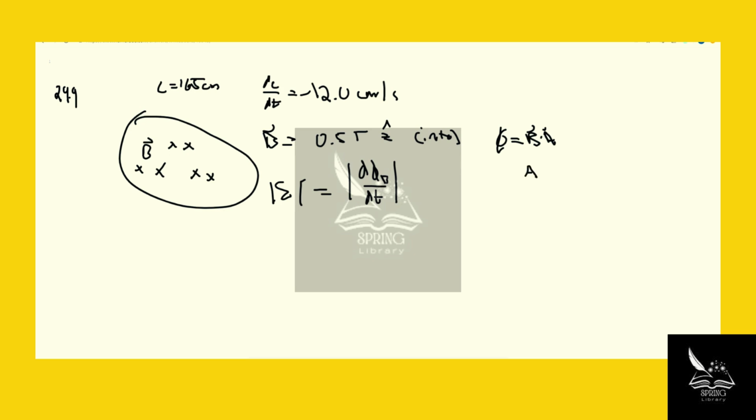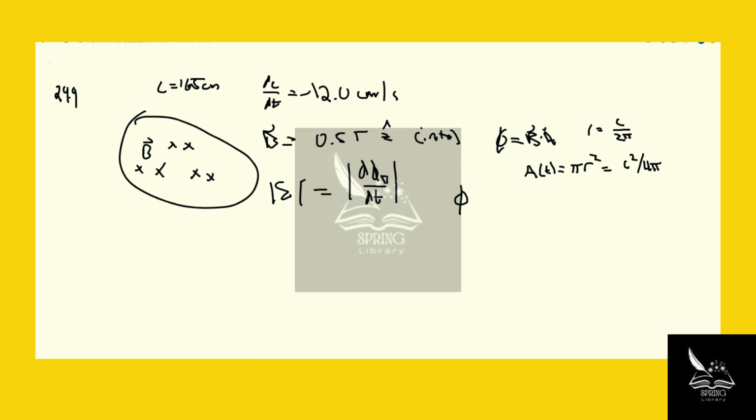As a function of time, we can express it in terms of the circumference. This is pi r squared, but r is circumference over 2 pi, so this is the same as circumference squared over 4 pi.